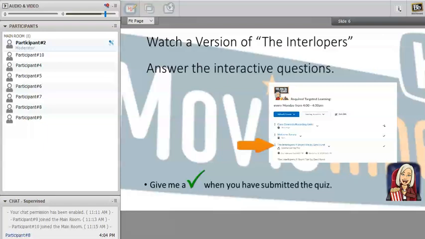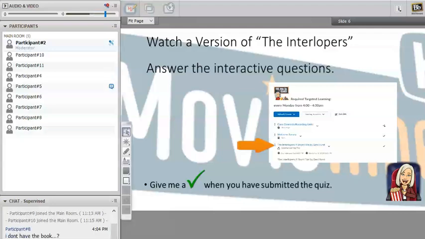But you're going to need to go into the course, and this is the Class Connects Targeted Learning Unit. When you click on that, you see this little icon, right? You're going to click on this Interlopers short film, and it's going to play the video for you, but it's going to stop every couple of minutes.